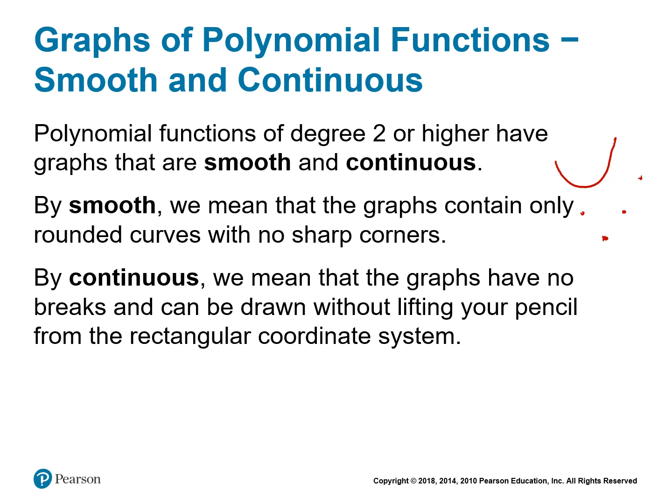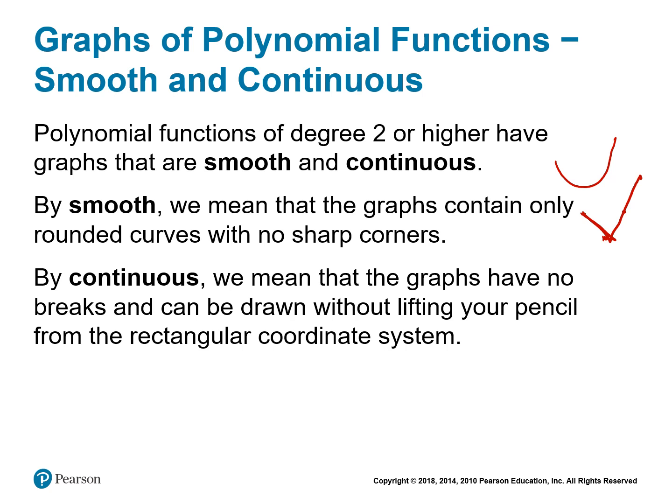When we ask you to connect the points of a parabola, you cannot do it like this. It cannot be like this and then like this, or this has sharp corners. This is not the graph of a polynomial. It could be a graph of an absolute value function, but it's not that of a polynomial. A polynomial will have a smooth shape.